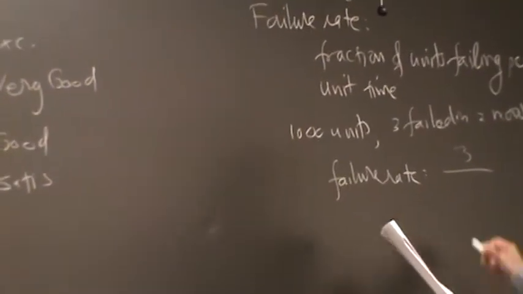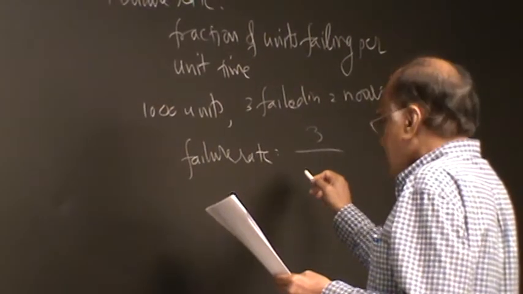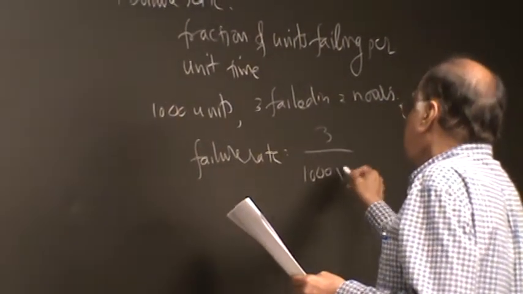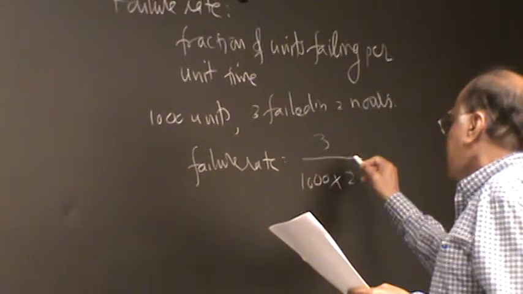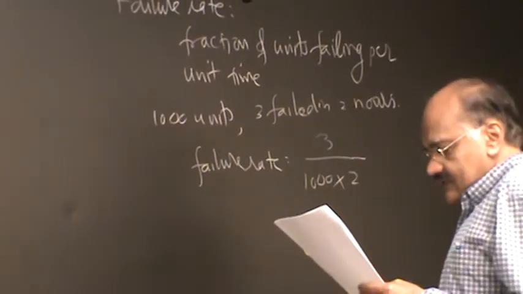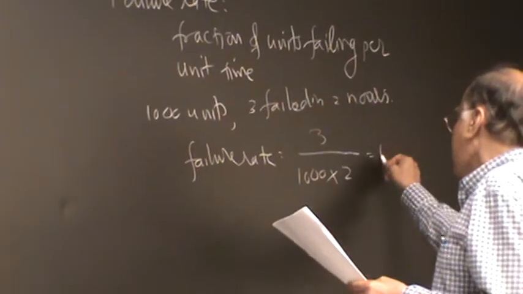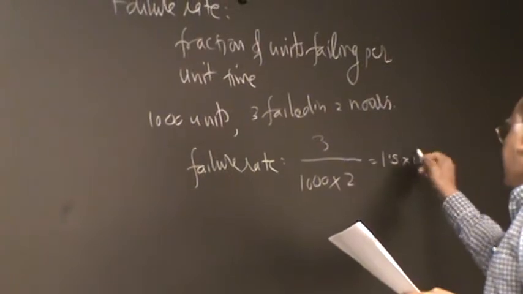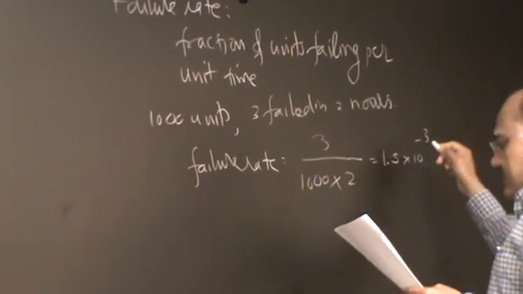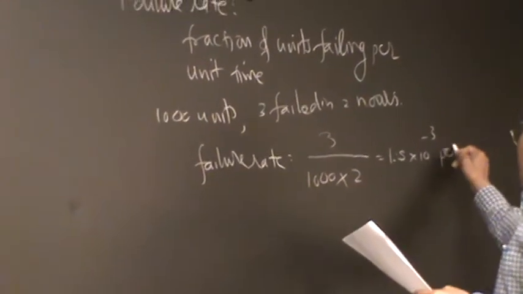So we had 1,000 units, and 2 hours, and 3 of them failed, so that is 1.5 multiplied by 10 raised to minus 3 per hour.